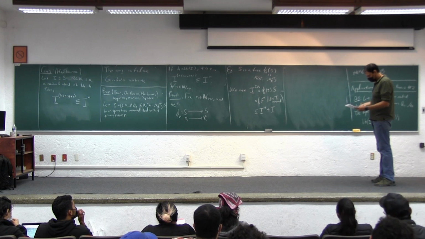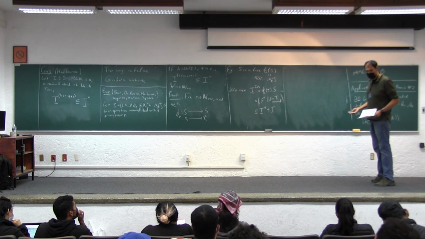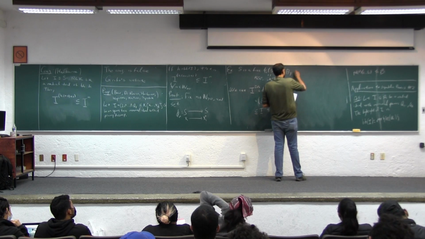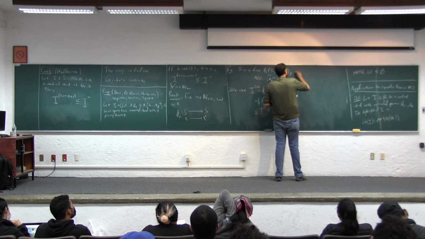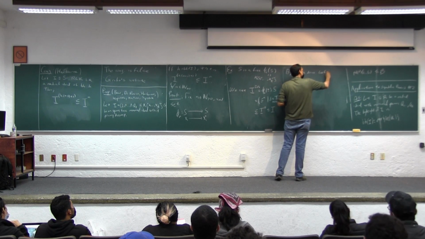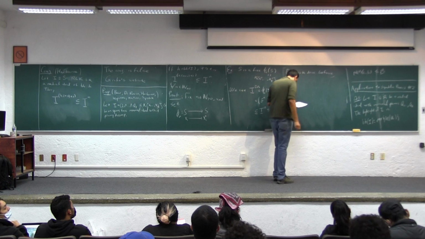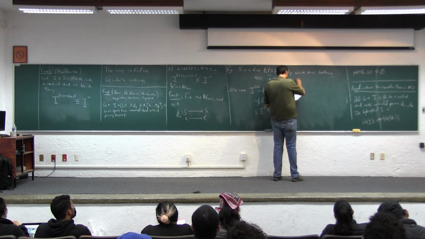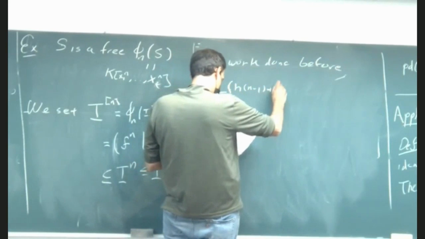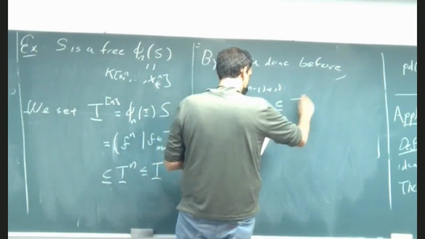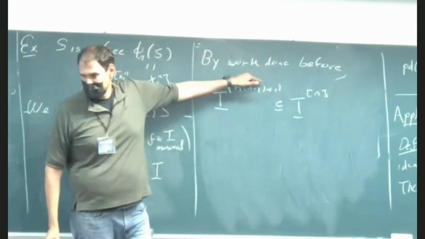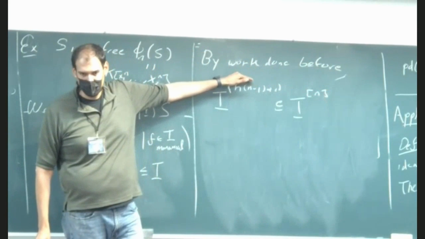So let's prove the theorem, which we pretty much already did with Frobenius because it's the same ideas. By work done before, we have that this one, H to the N minus 1 plus 1, is contained in I bracket P. And by work, I mean the work that you did in the problem sessions.